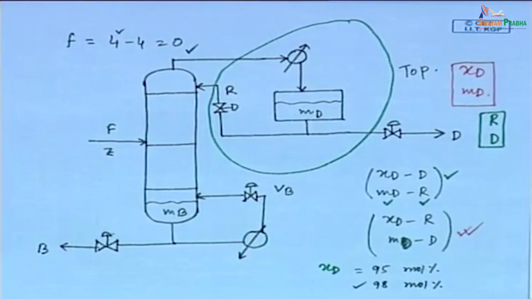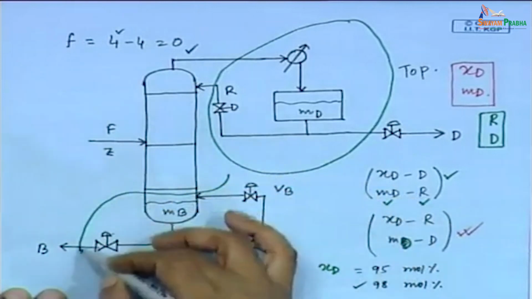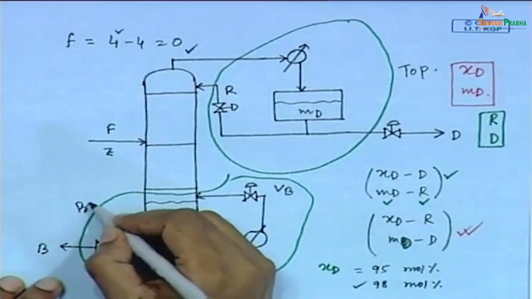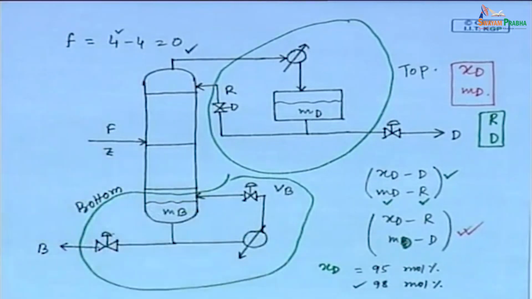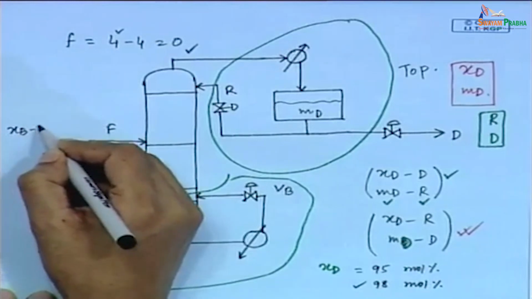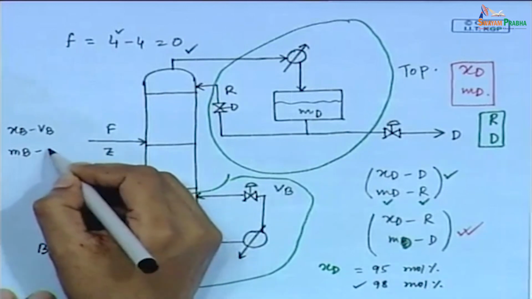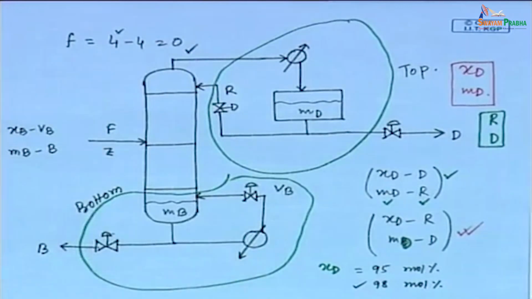By the similar way, for the bottom section, this one is the bottom section. For the bottom section, we choose XB versus VB and MB versus B. You see, MB can affect the process, fine, but B is leaving the process.